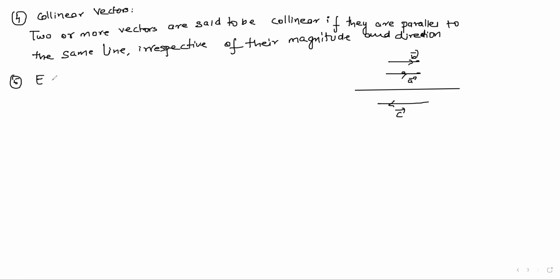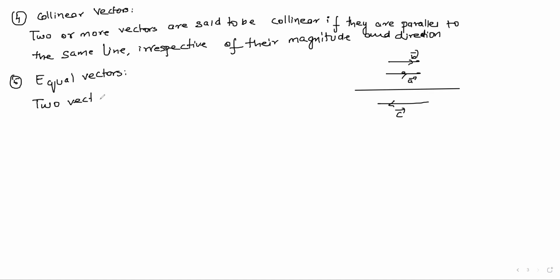Okay. Next is equal vector. Mitri, please tell me what are equal vectors. Sir, those whose magnitude is equal and direction also the same. Direction. Okay, so vectors are said to be equal if they have the same magnitude and direction.